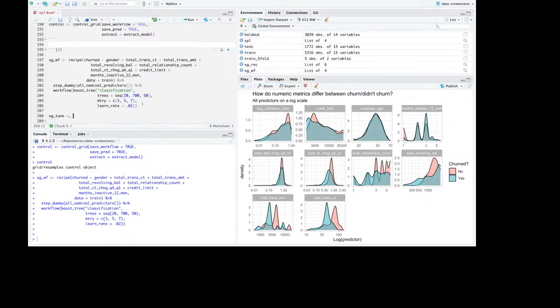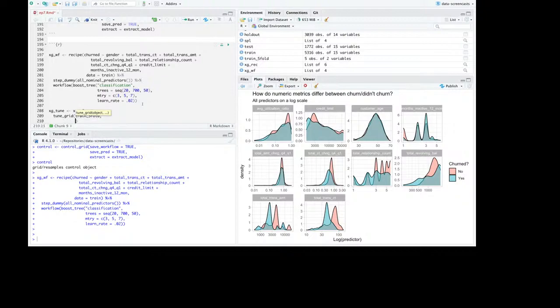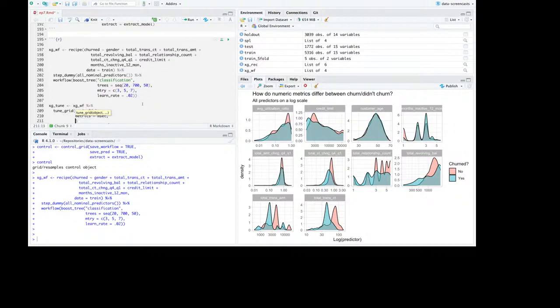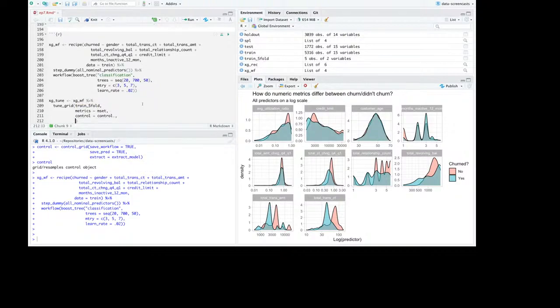XG tune is XG workflow, tune grid, train 5-fold, metrics equals mset, control equals control. I always do this thing. Have you noticed that I'm always doing this? I need to do tune, mtry is tune, alpha rate. This one I can set.